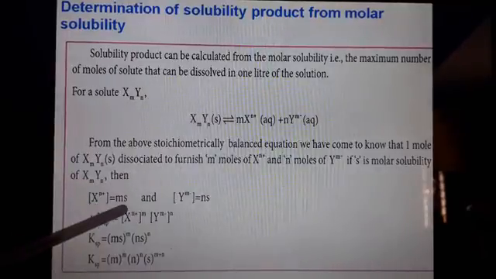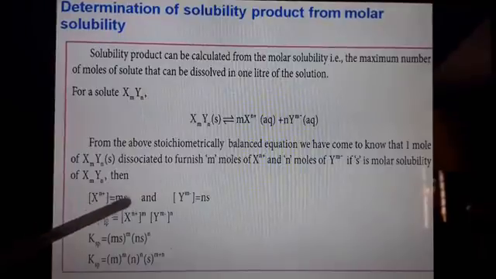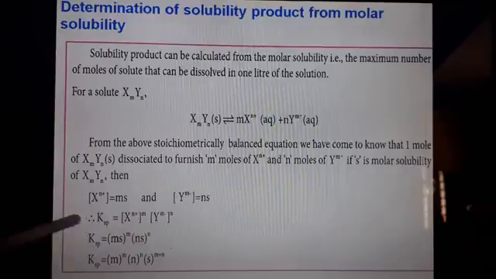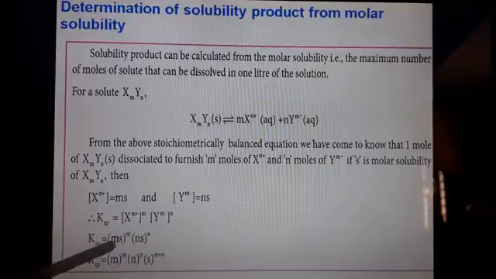So m into s is the number of moles for Xn plus, ms, and then Ym minus, n into s. Therefore Ksp is equal to, this is the solubility product, ms power m and ns power n. Understand?